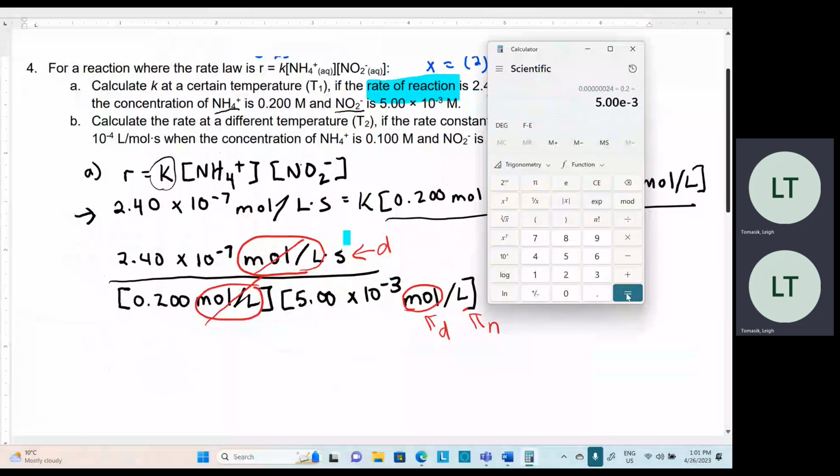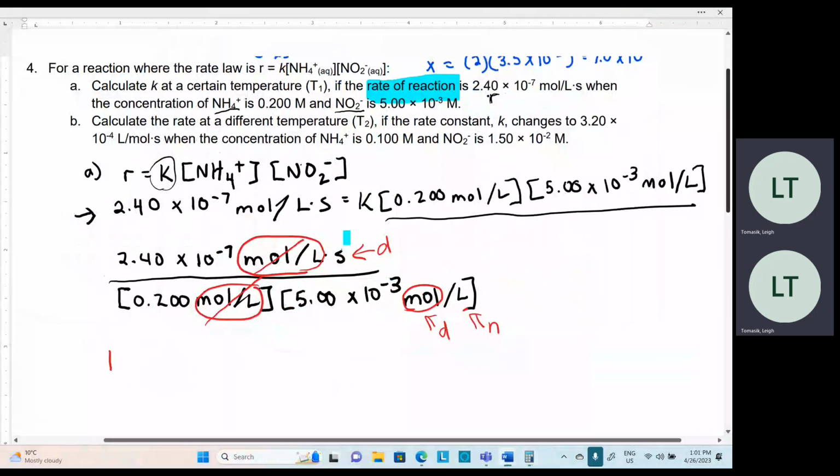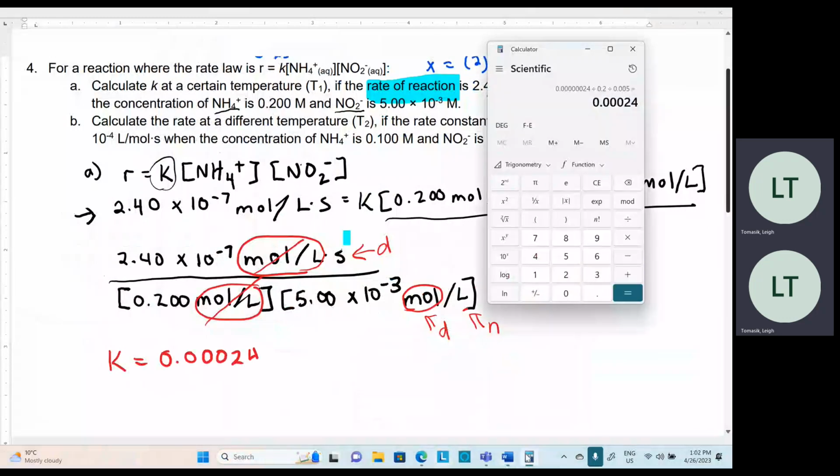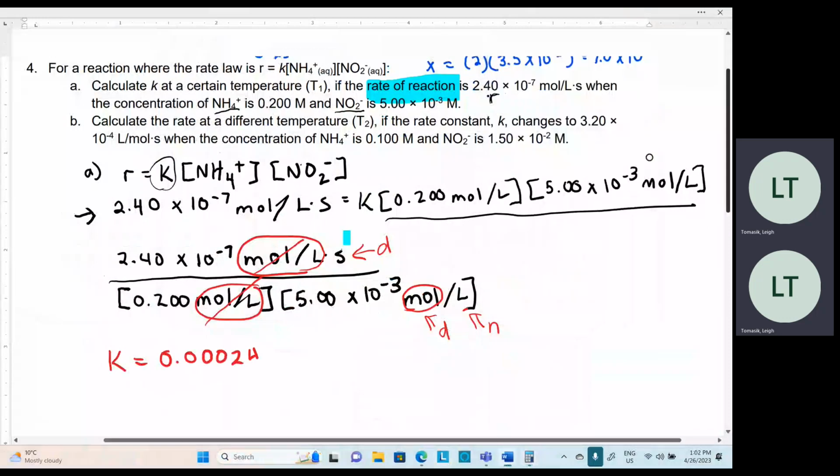And then I get 0.00024. So K is equal to 0.00024. Let's double check the calculator. I always write too many zeros. Okay. Yes, 0.00024.